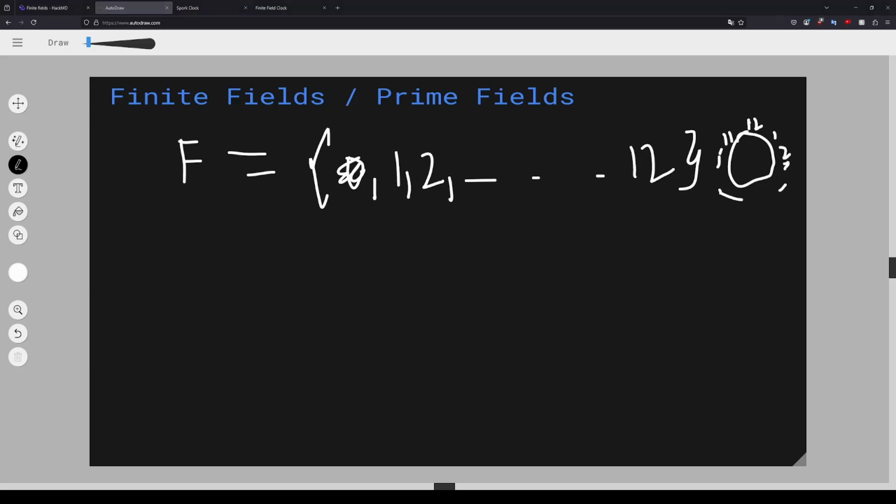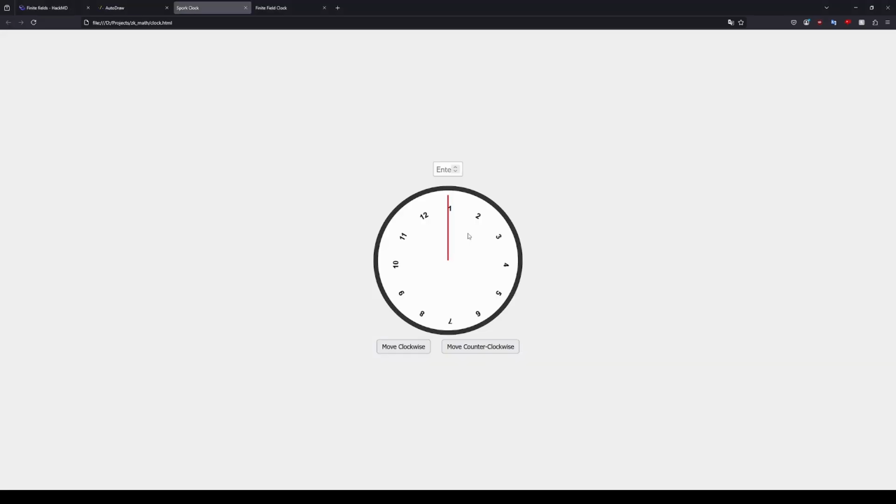We'll start with addition and subtraction. So imagine a clock. What do you do when you have to tell what time it is 5 hours after 2? For example, the current time is 2 o'clock and you want to add 5. You move the clock by 5: 1, 2, 3, 4, 5.